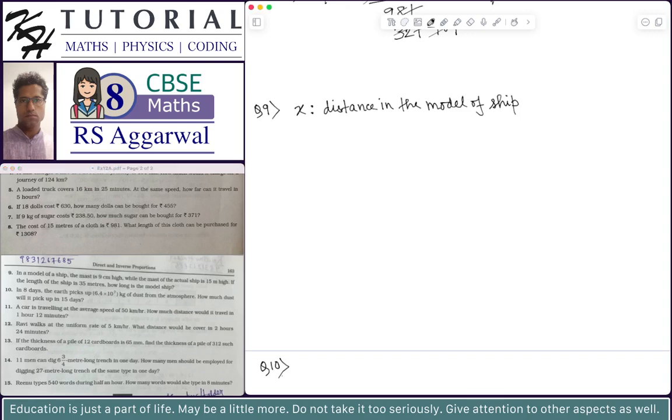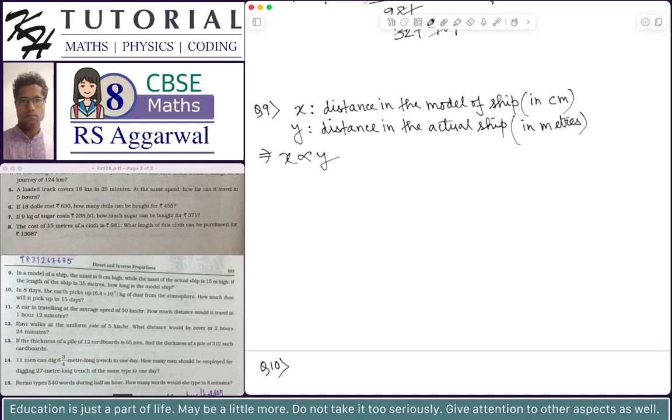If we consider the quantity x to be a certain distance in the model of the ship in centimeter, and y to be the equivalent distance in the actual ship in meters, then we can clearly say that x and y should vary directly, since the dimensions of the model and the actual ship are in direct proportion.